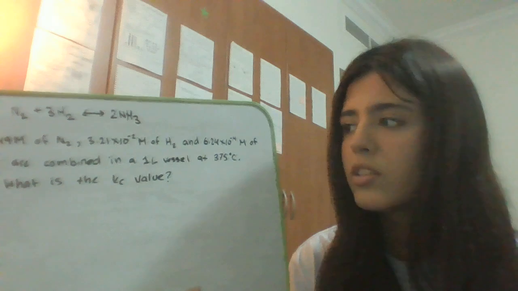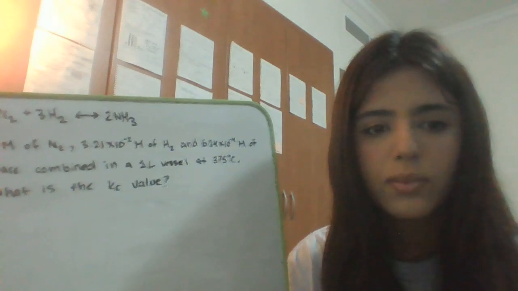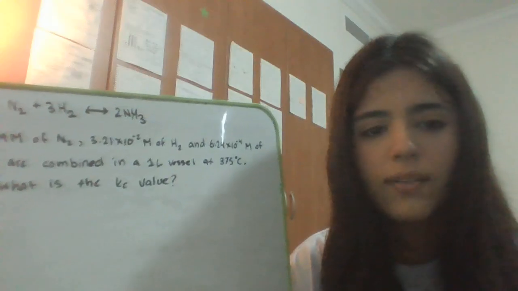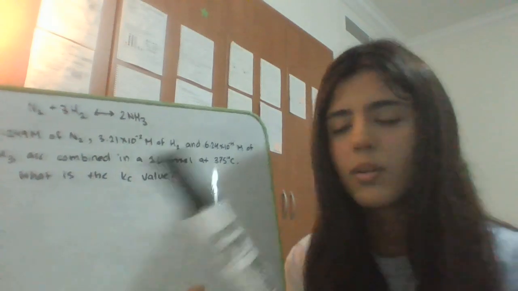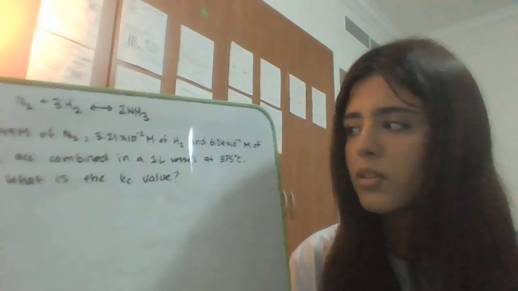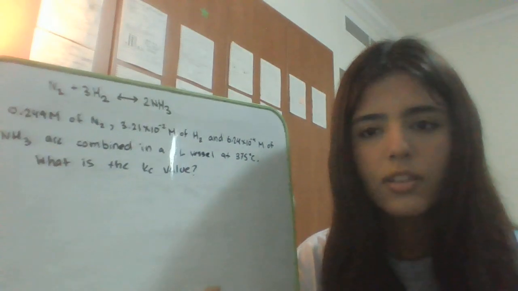So it gave us the concentration of each of these at equilibrium, and it's asking us to find the Kc value. It gave us some extra information to confuse us, but just know that you don't need to do anything if you're given something like this. It gave us the volume and the temperature. You don't need that because you already have the concentrations given to you.